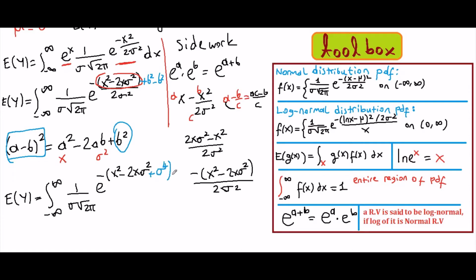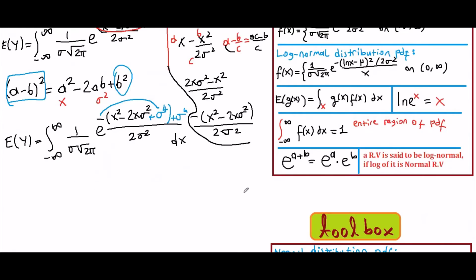And we need to subtract sigma to the fourth from the group. I use a positive sign here because the first sigma is negative when we distribute. And our denominator is the same, 2 sigma squared. This is our side work here. Now we can compact this in the parentheses using a minus b squared.